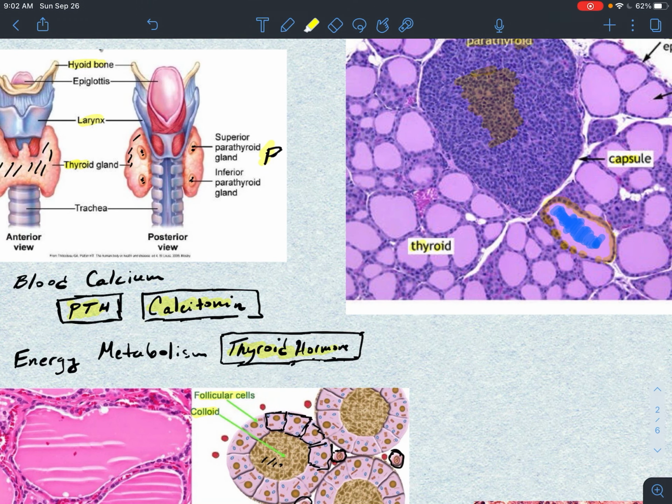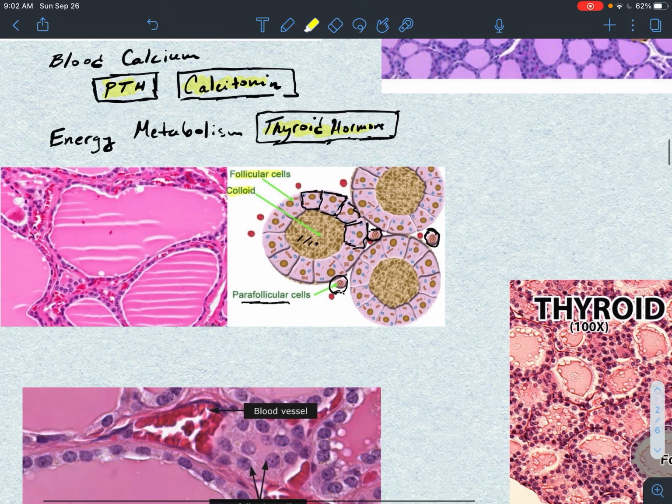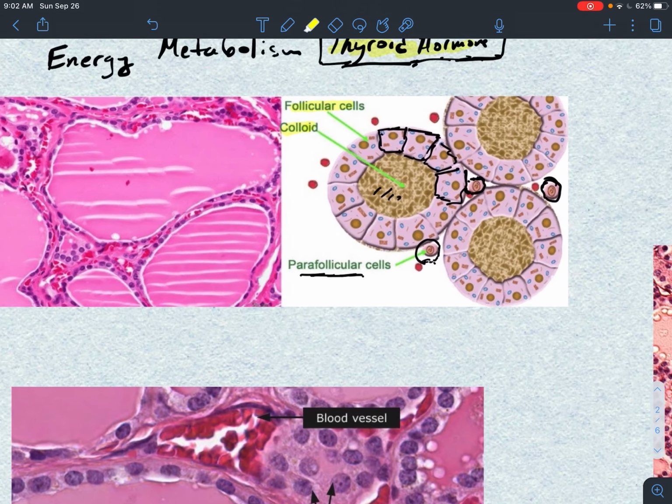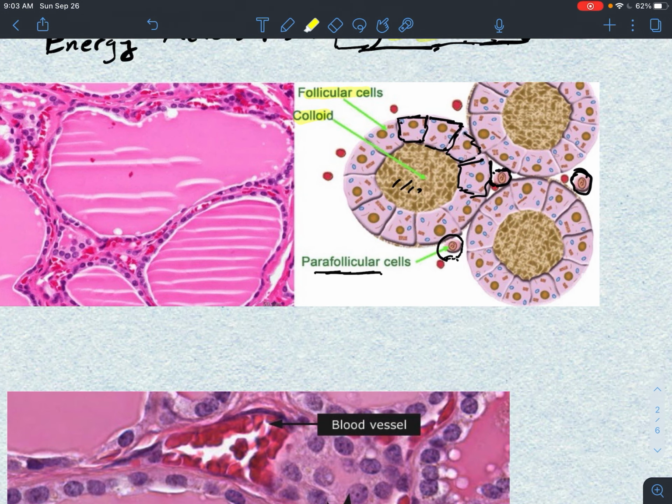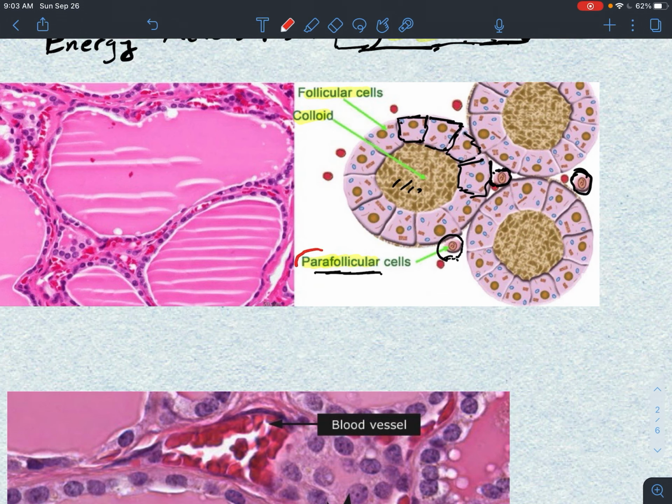Where is calcitonin coming from? Calcitonin is coming out of, and this can be a little confusing, the parafollicular cells. And this can be a little confusing because of the word para, right? So some students do tend to get confused by this because they see that word para and they confuse this.